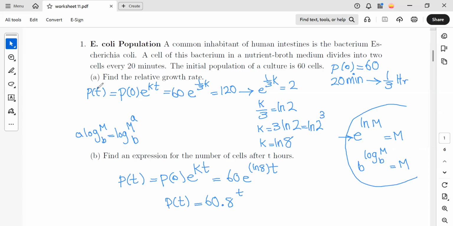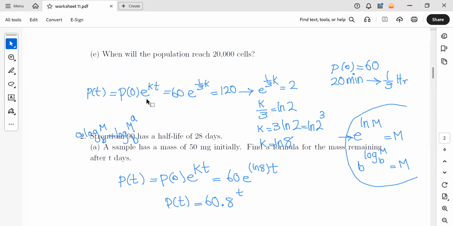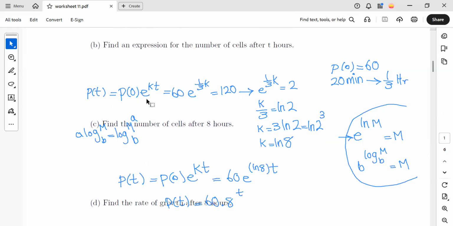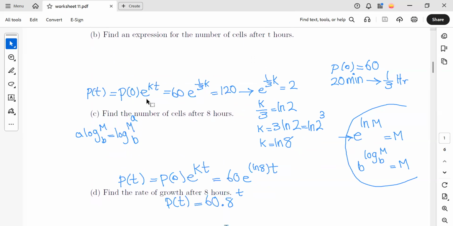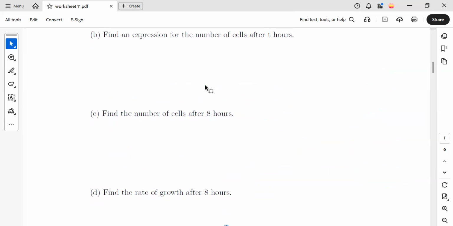So part C says we want to find the number of cells after 8 hours. If we remember from the formula that we had, dP/dt is proportional to the population.